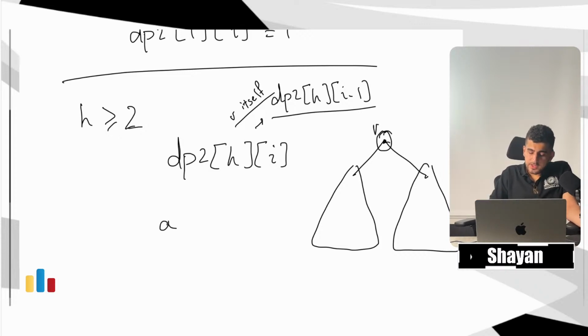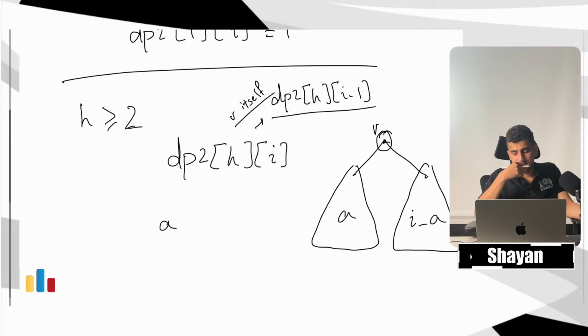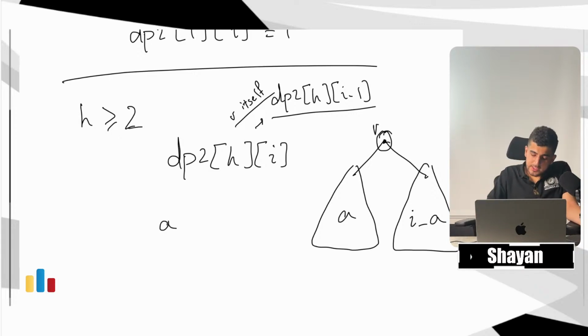Now, if there are no operations on v itself, a operations must be on the left child, and i minus a operations will be in the subtree of the right child. The value of this vertex is going to be a, and the value of this vertex is going to be b, which is equal to i minus a. This is problem E1.